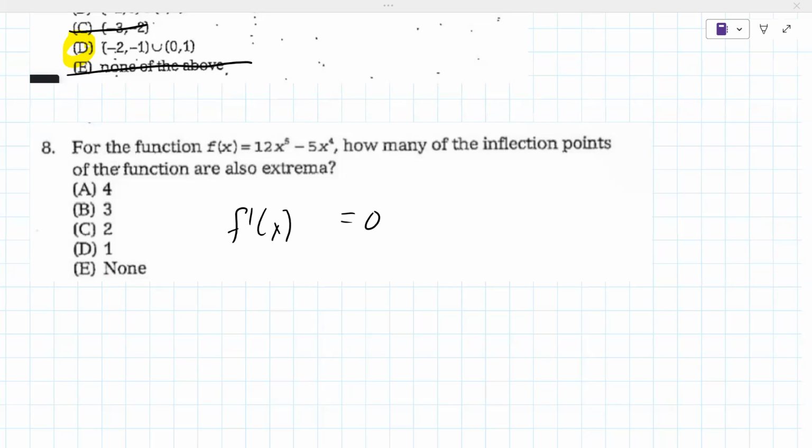X equals 1/3. Is there any others? 0. Yes. So there's critical points at 0 and 1/3. They are possible extrema. Now you've got to take the second derivative and set it equal to 0.